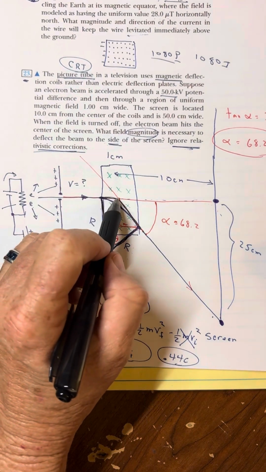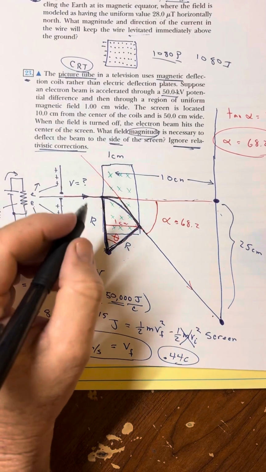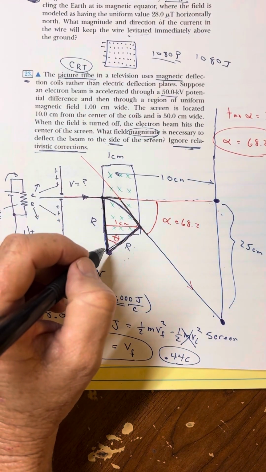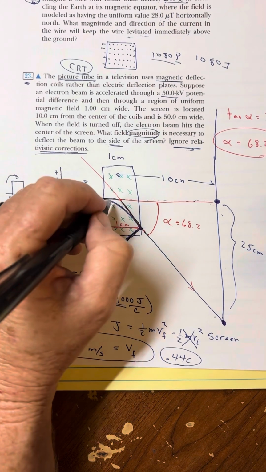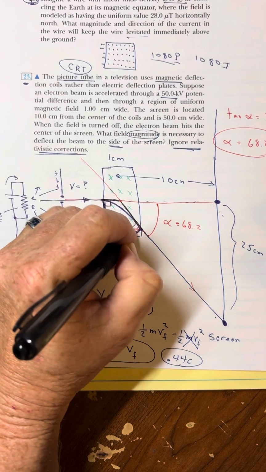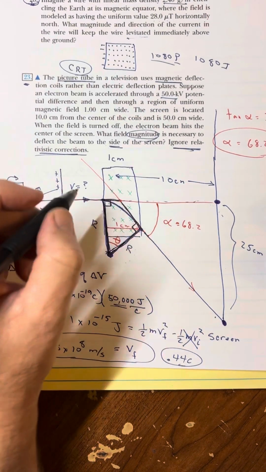I see this four-sided object, and the angles inside of a four-sided object add up to 360. But this and this are tangents, so these are 90 each.